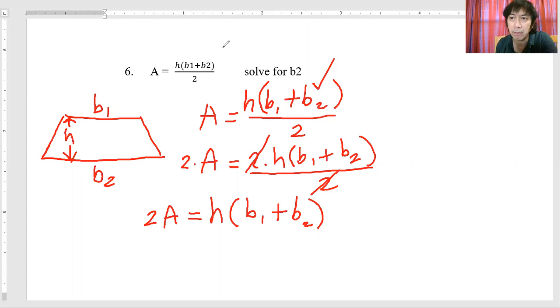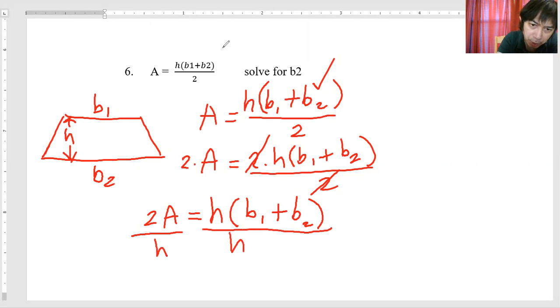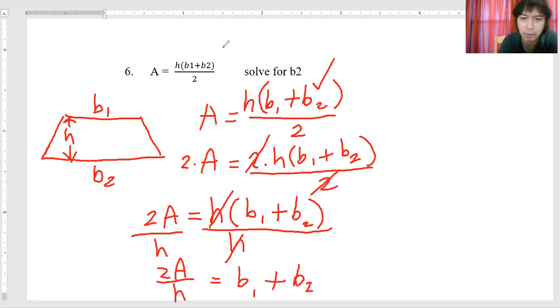So at this point, you will divide by the h, like this. Because you're after the b2, this h cancels out. You now have twice the area over height is equal to the sum b1 plus b2.